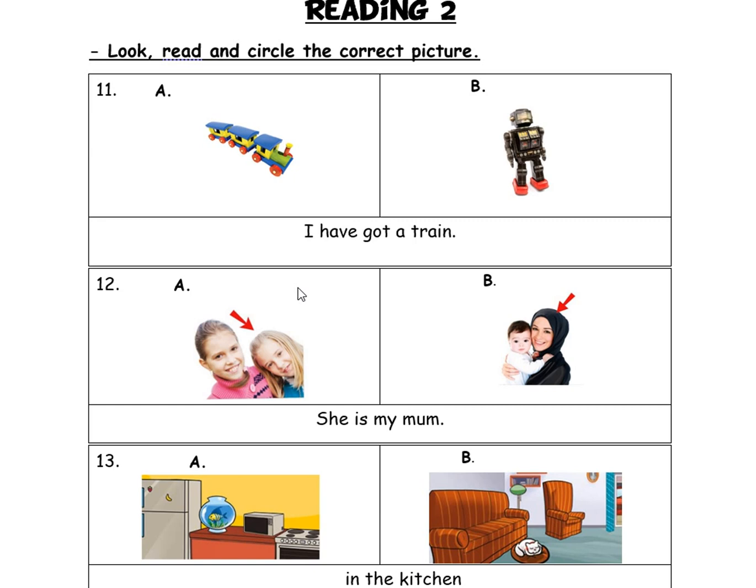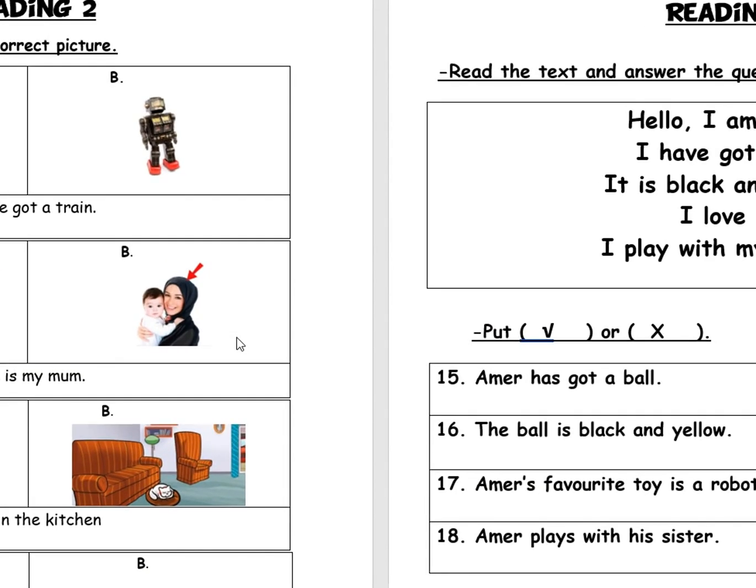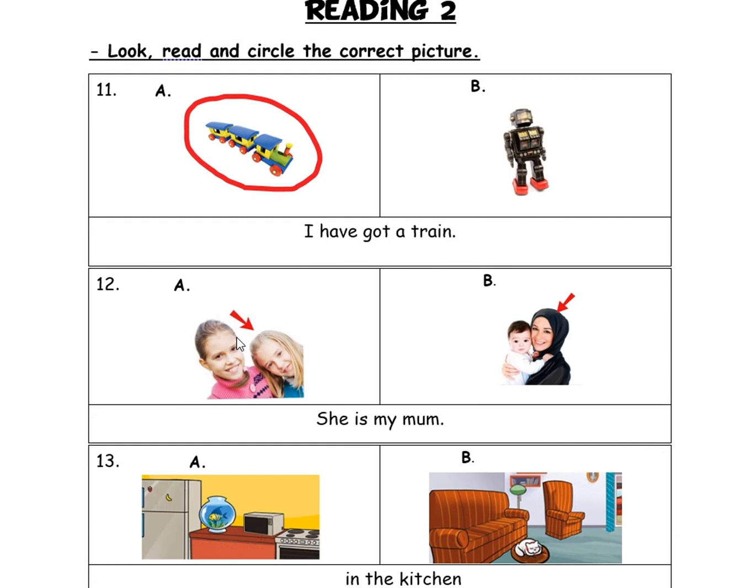Of course it is A. I have got a train, and this is a train. Now, number 12. She is my mom. So, which picture for this? A or B? Of course it is B.